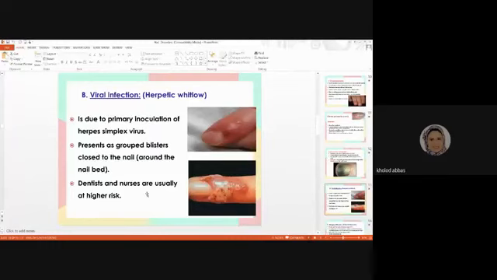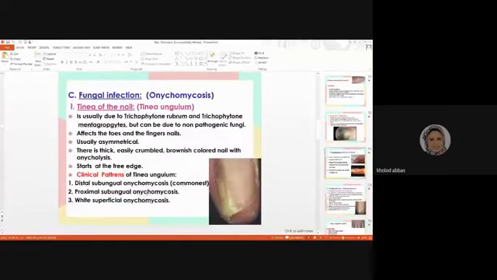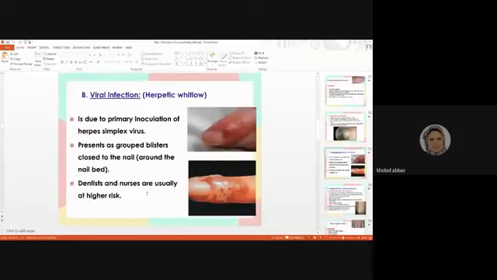It is common in dentists and nurses. The patient presents with tenderness and redness with vesicles on the finger or on the side.